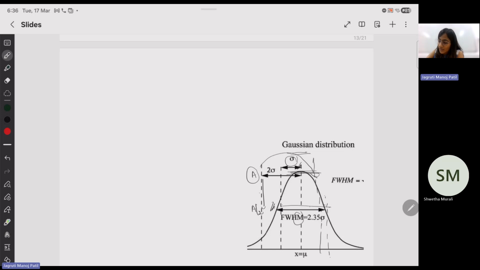For half maxima, your amplitude will reduce to half. You originally have your distribution as A times exponential of minus x minus mu, whole square, by 2 sigma square. Cancelling A, you have 1 by 2 equal to the exponential, which also goes, so you have minus x minus mu whole square by 2 sigma square.